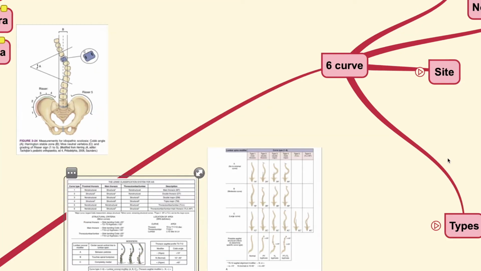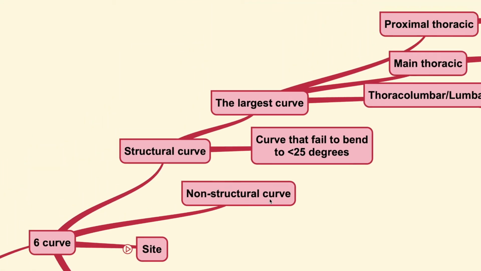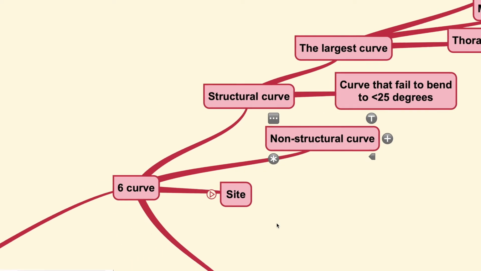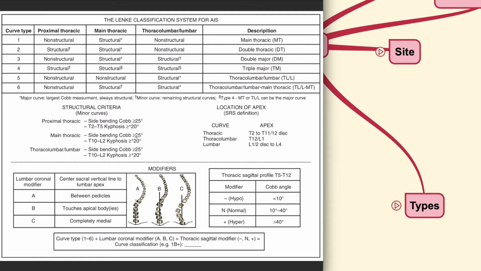Now, what if you have a second curve? Then that second curve should be known as a non-structural curve or a minor curve. Now, we define it as a structural minor curve if we find during the examination that the side bending curve is more than 25, or you could also evaluate it from the kyphosis.